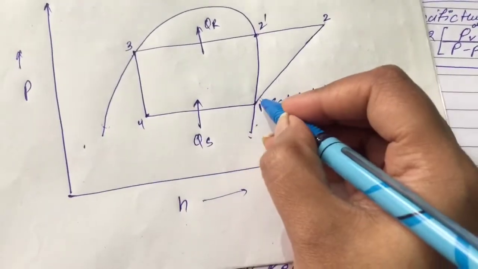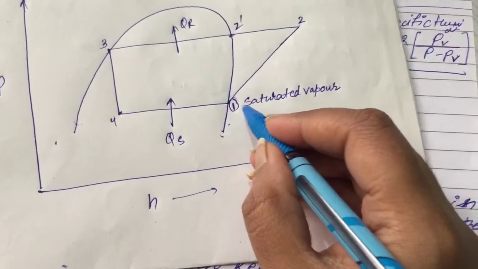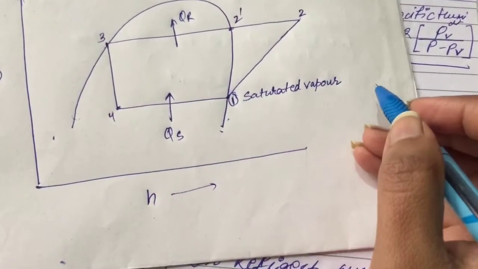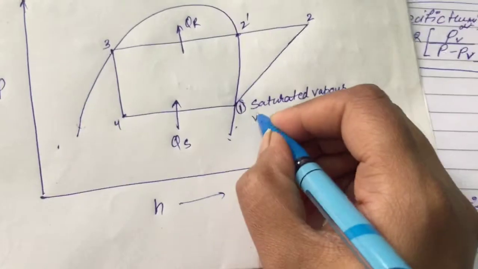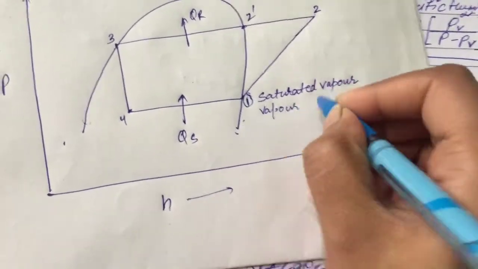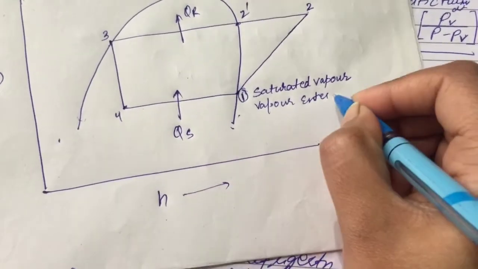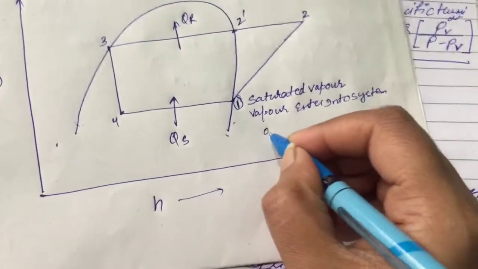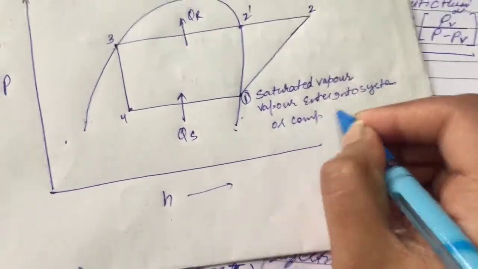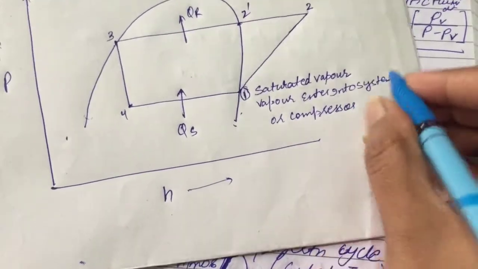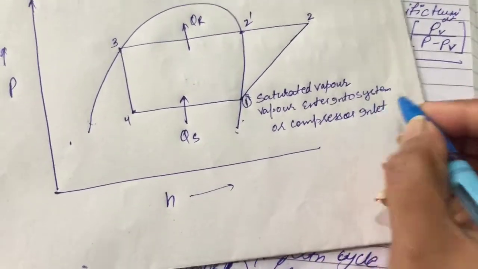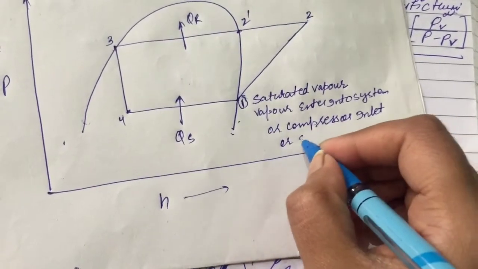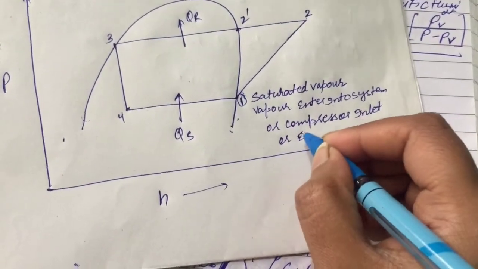At point 1, this point is our saturated vapor. This is the point where vapor enters the system, or it can be called the compressor inlet, or the evaporator exit.